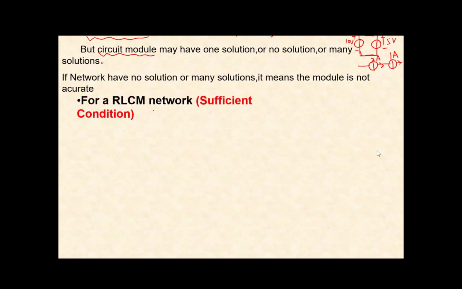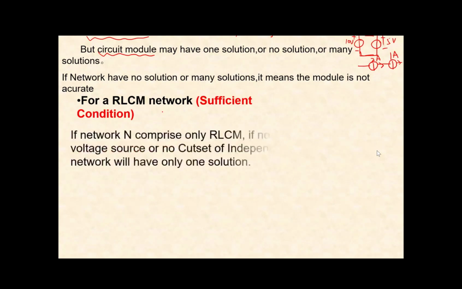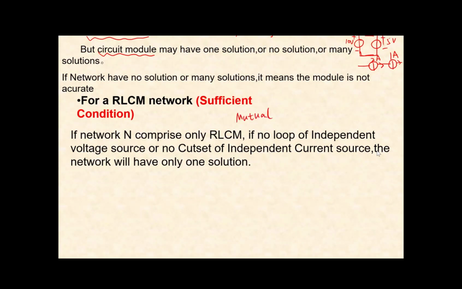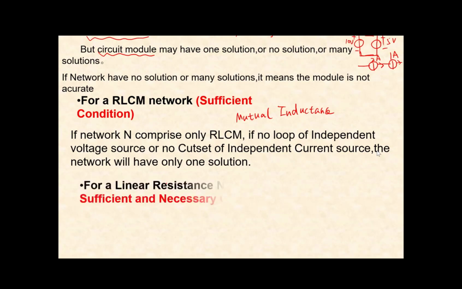For an RLCM network, the sufficient condition is: if network N comprises only RLCM, where M means mutual inductance, and there is no loop of independent voltage source or no cut set of independent current source, the network will have only one solution.